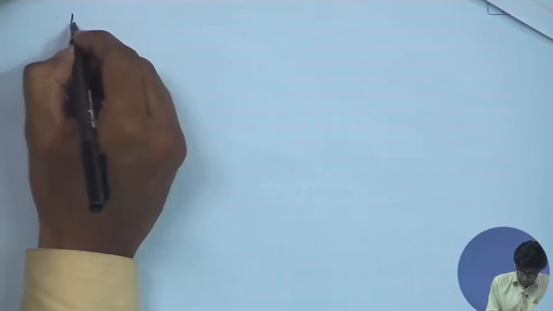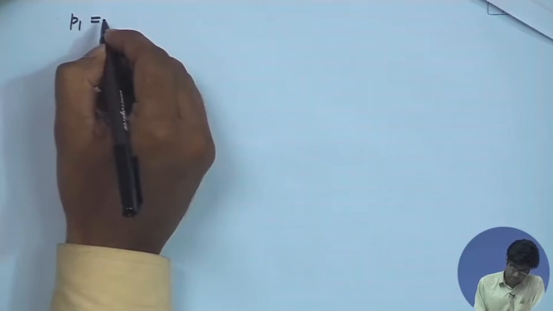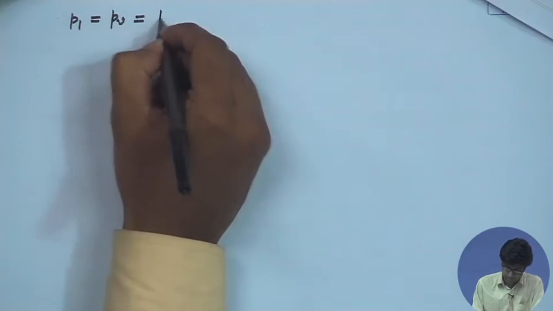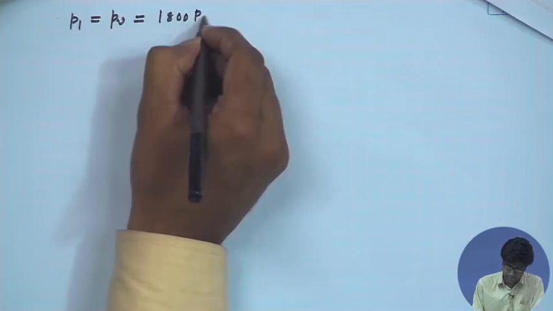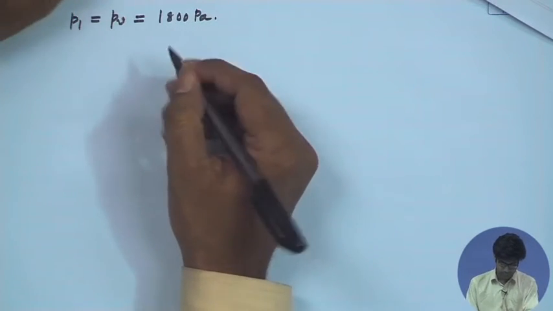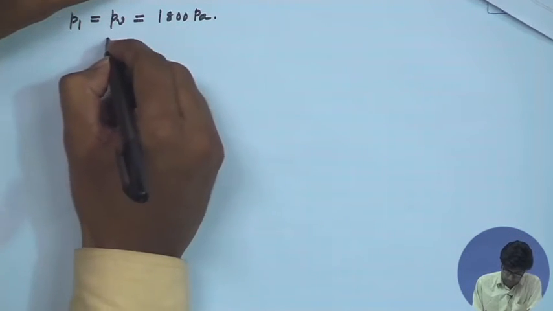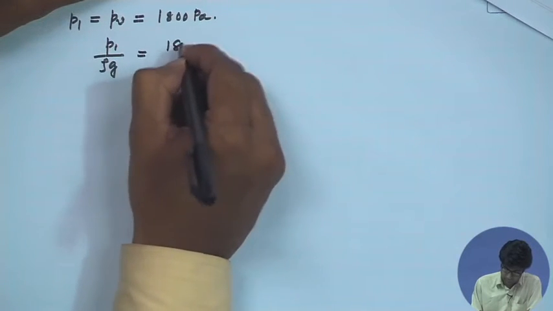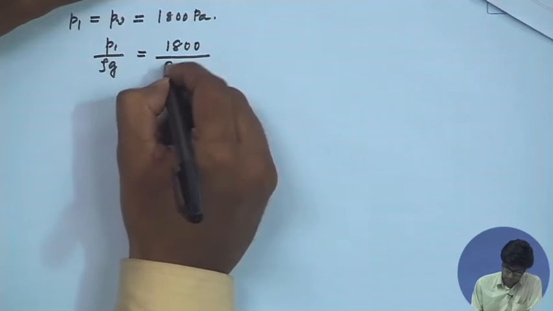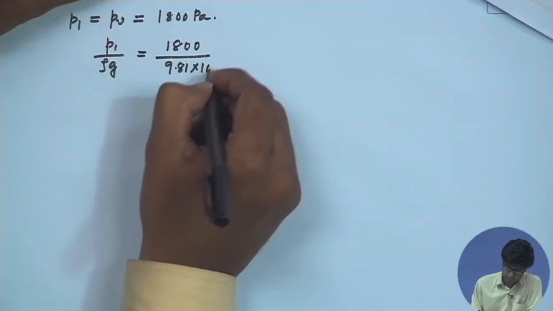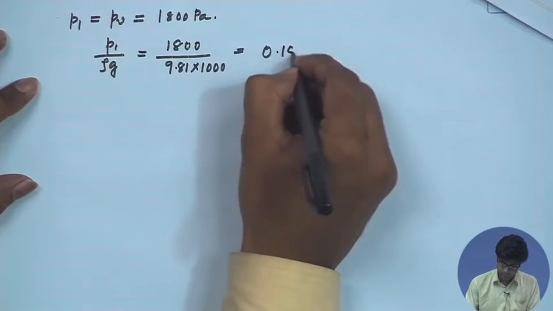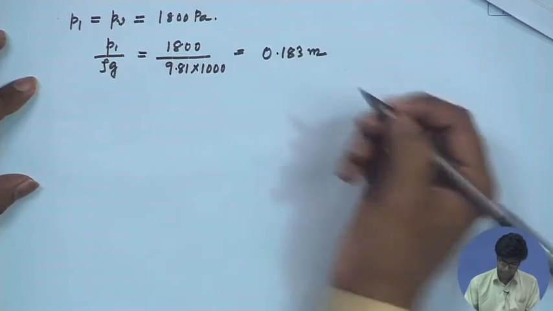So, for cavitation to take place, the inlet pressure at the impeller is equal to the vapor pressure, that is 1800 Pascal. So, the inlet pressure head at the impeller comes out as 0.183 meters.